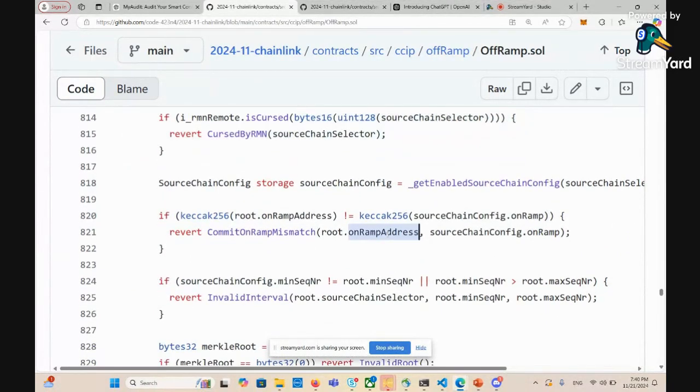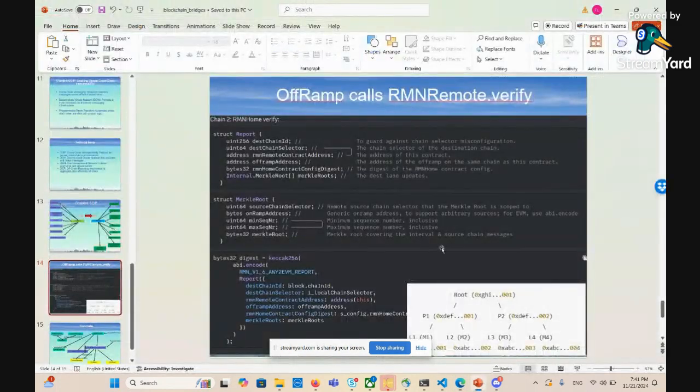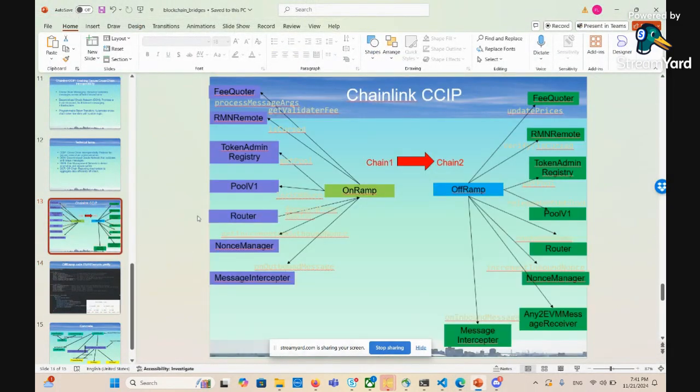And then we also check that the ramp edges match the configuration of the on ramp edges. Okay, so this is the on ramp, these edges on chain one.